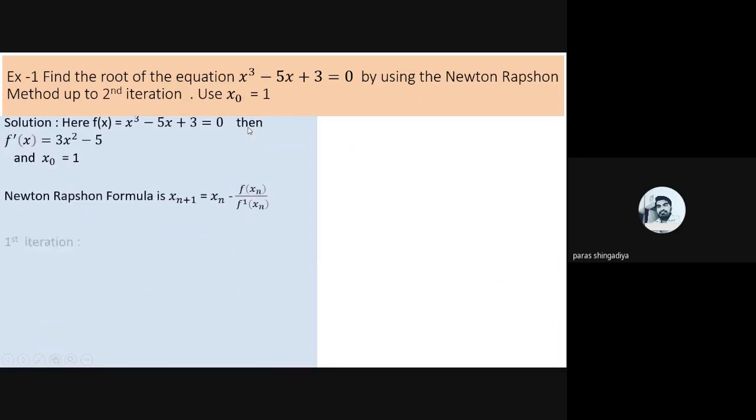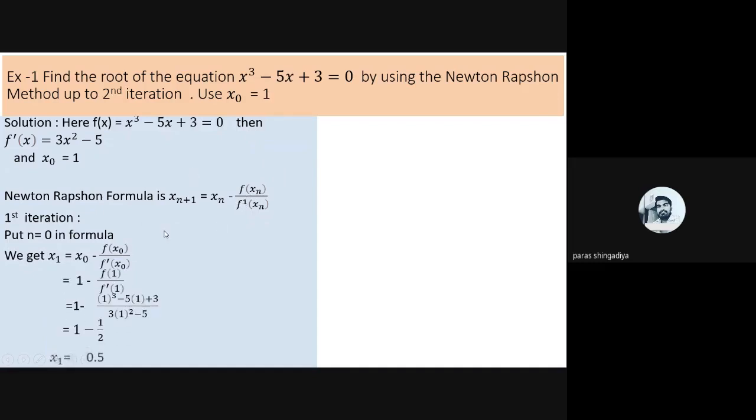So the first example that we discussed in the last lecture was x cube minus 5x plus 3, and two iterations are required for the answer, so x1 and x2. We also consider the derivative of the function, which will be 3x square minus 5.